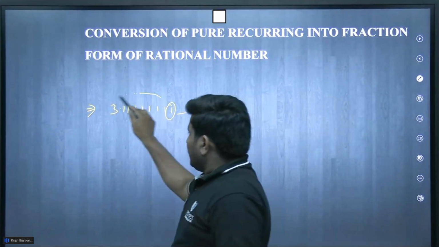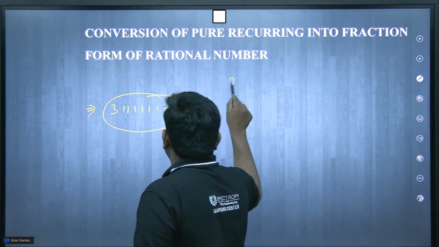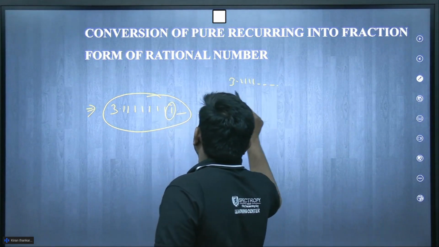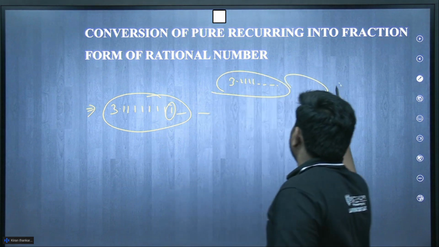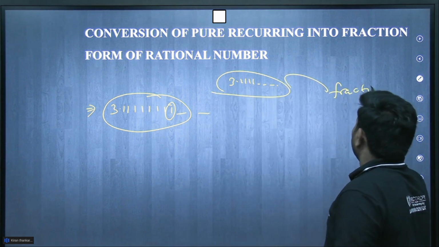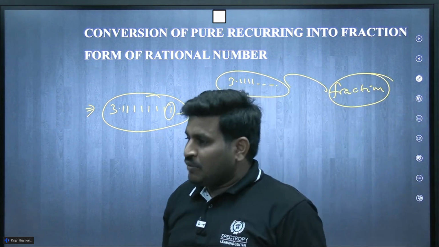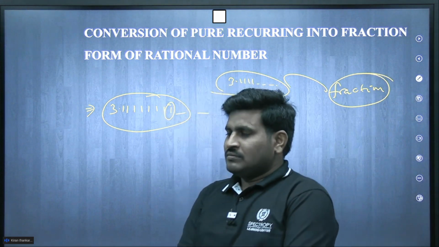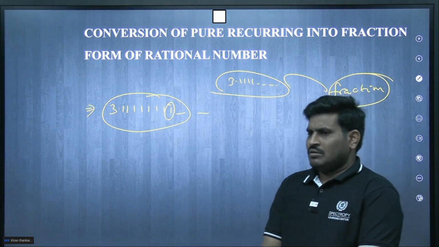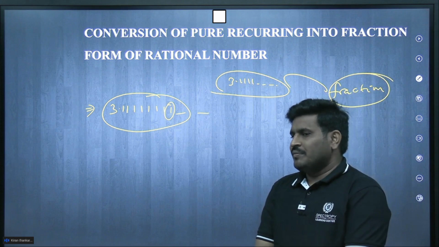So this number, 3.111 and so on, we can convert into a fraction or rational number. Is it possible? Yes, it is possible.